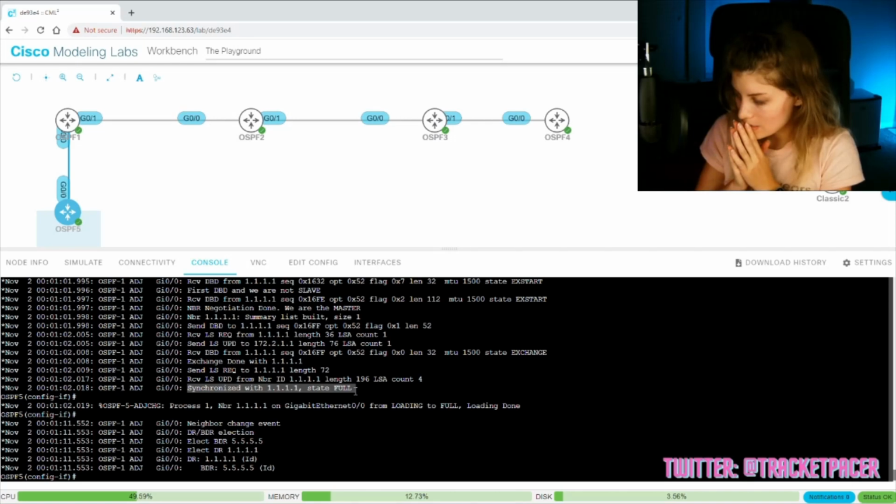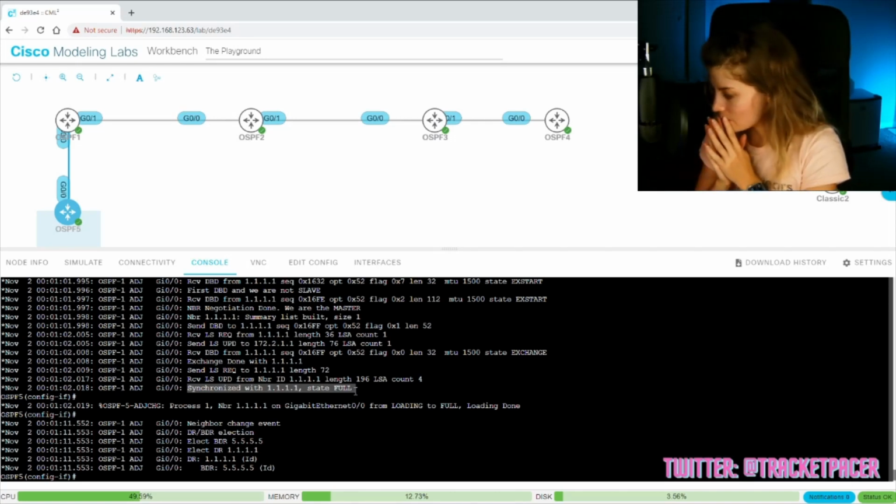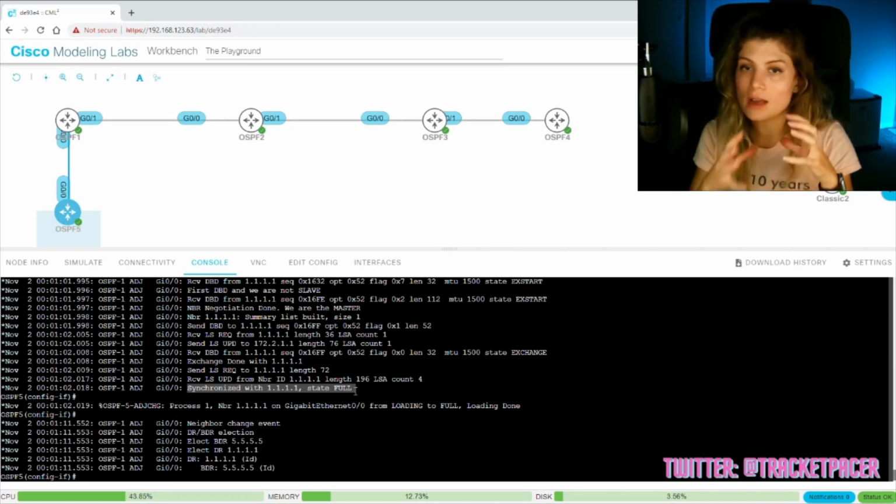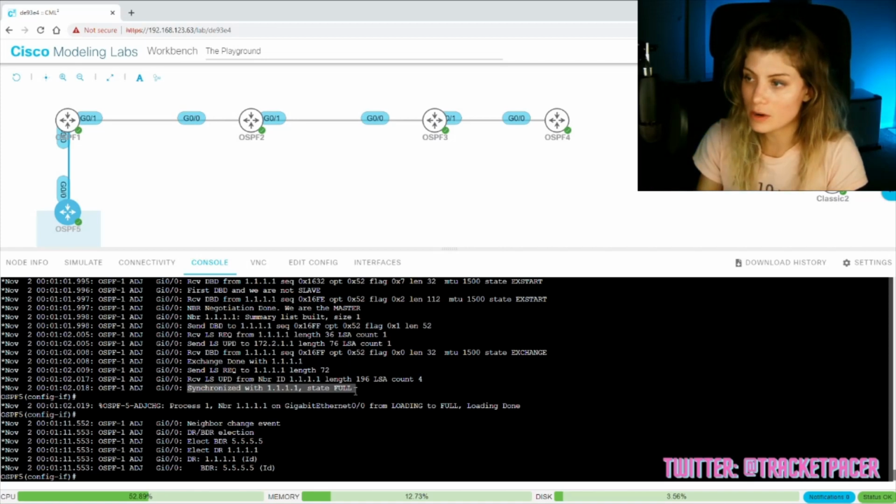And I'm cheating a little bit because I want to double check. Yeah. So, okay. With a link state routing protocol like OSPF, every router in the same area has the exact same link state database.